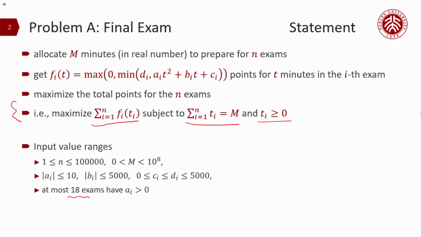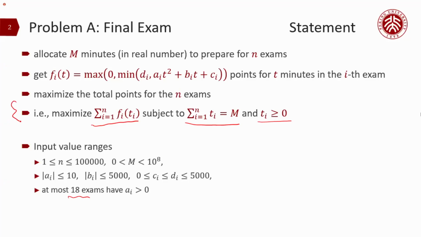In a rough thinking, the function f_i seems not concave. If it were concave, then it would be easy to solve. But it's piecewise quadratic, and more difficult is that some a_i are greater than 0 and some are less than 0, so they grow in different directions.